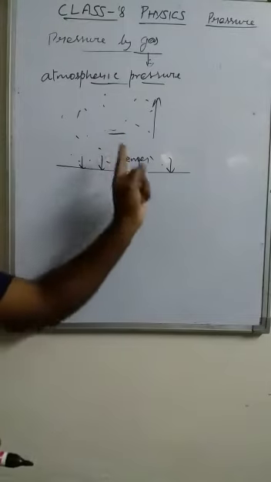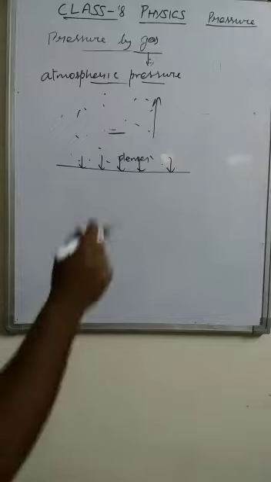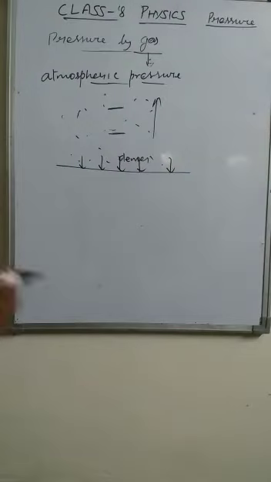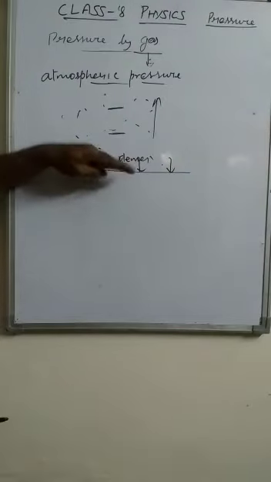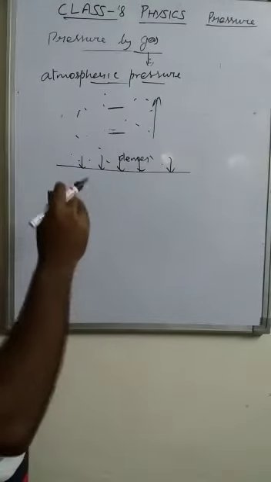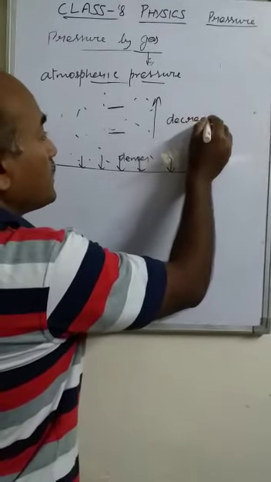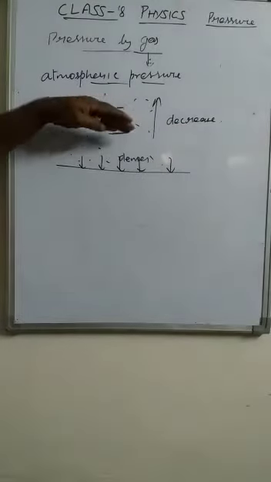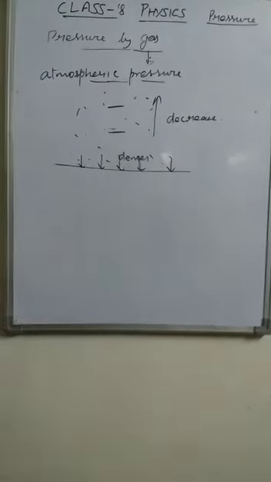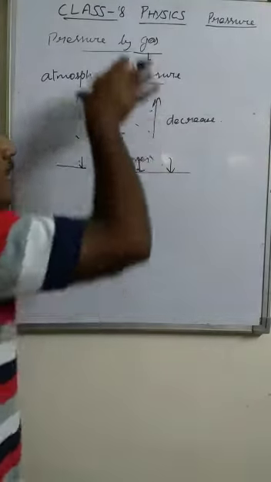Here also the pressure exerted by gases changes according to the height. If we move further up, again the pressure changes. Since the density of air continuously decreases, the pressure also continuously decreases. At greater height, the pressure will be very less. On the surface of earth, the pressure is maximum, because on the surface of earth the whole air is applying pressure.